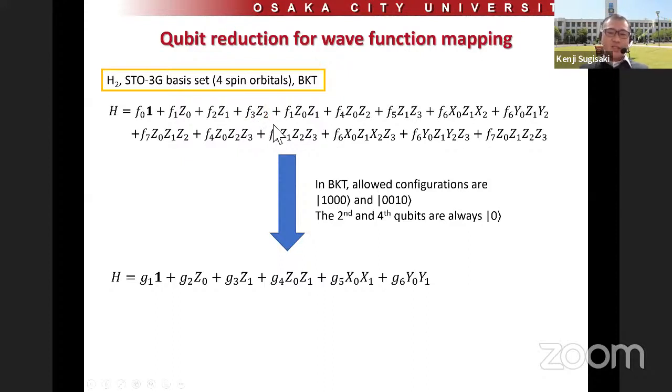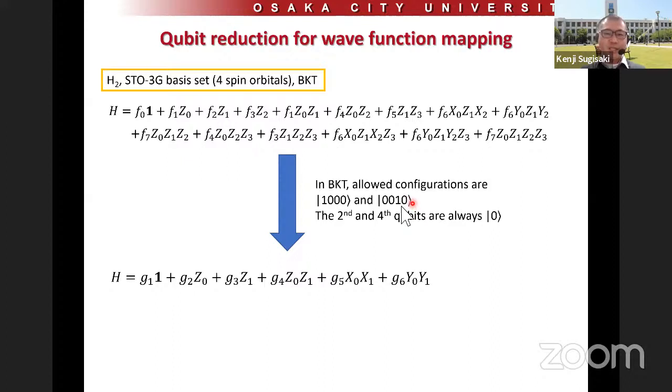So in this case, if we perform the Bravyi-Kitaev transformation, this is the qubit Hamiltonian obtained from the Bravyi-Kitaev transformation. But in the Bravyi-Kitaev transformation, the allowed configurations for the hydrogen molecule in spin singlet states are 1000 and 0010.